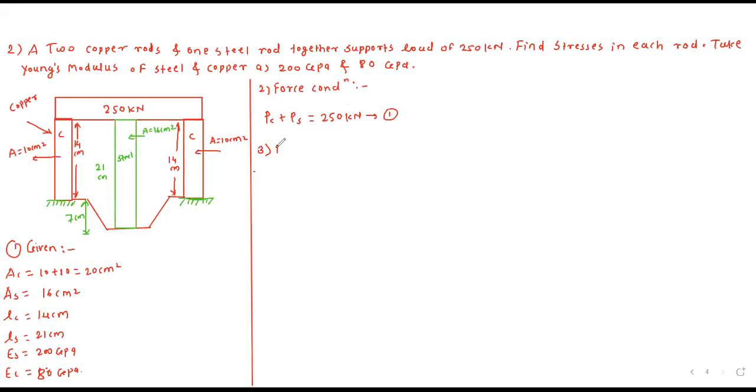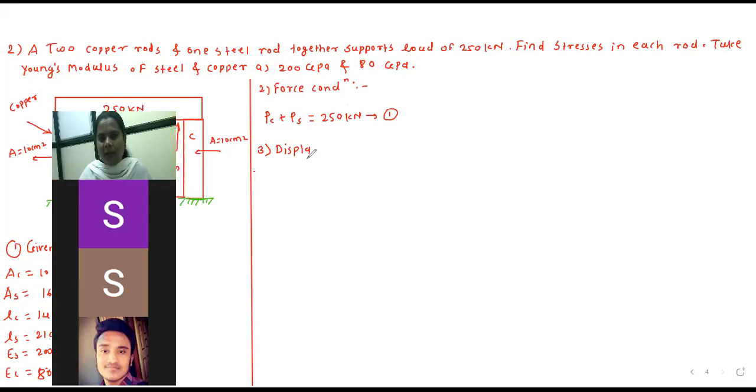Then the next step is the displacement condition. In the displacement condition, del L copper is equal to del L steel.